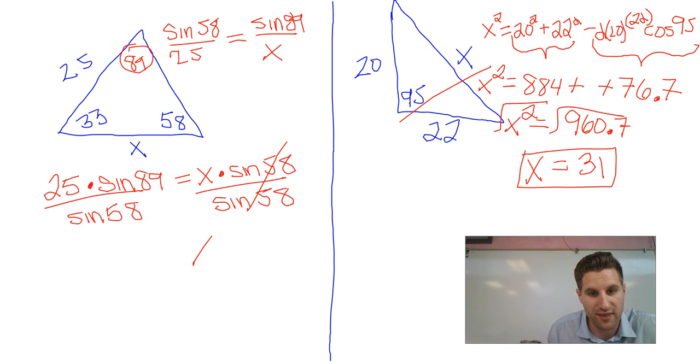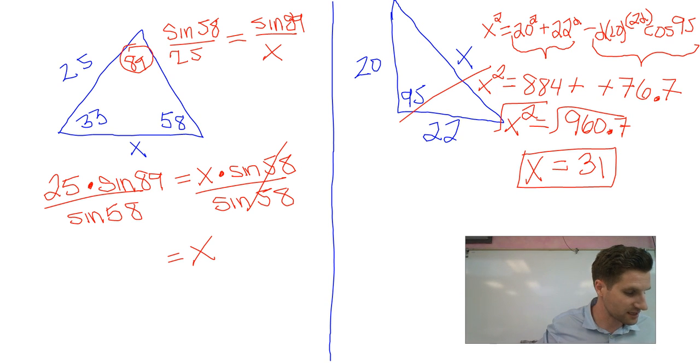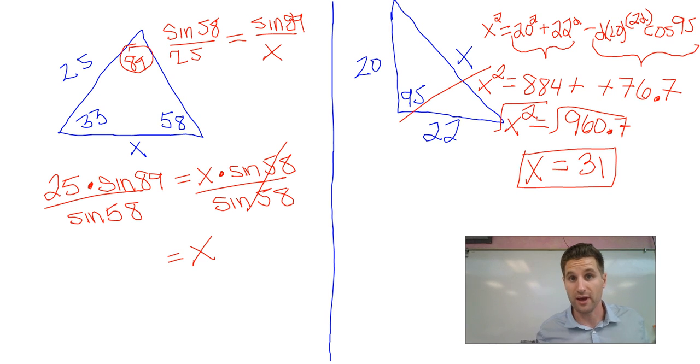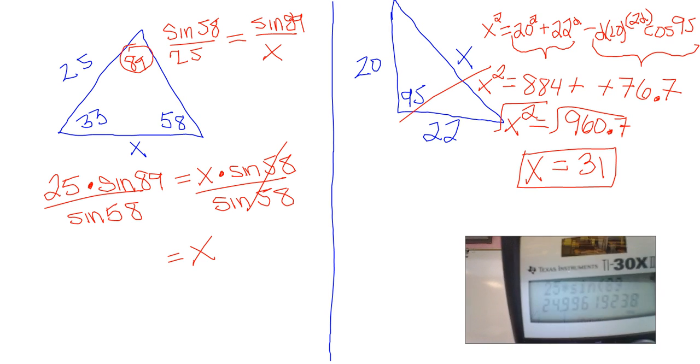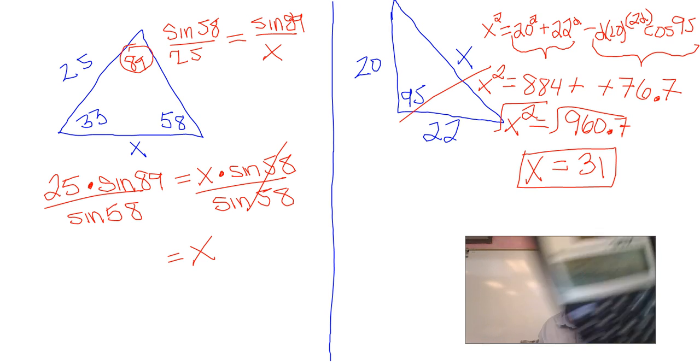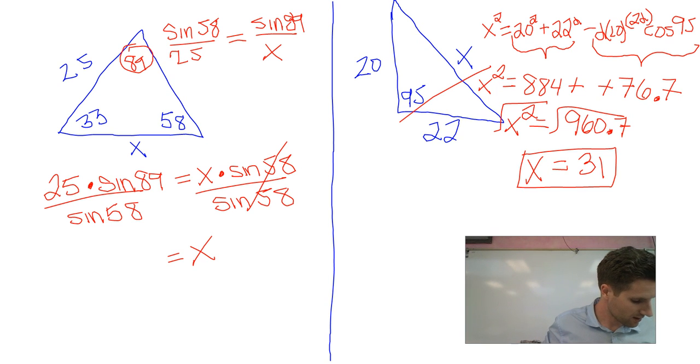And we evaluate that piece in our calculator. I do the first part, 25 times sine of 89. Equal that in my calculator, and then I'm going to hit divide by sine 58. And we get 29.5 if I round.